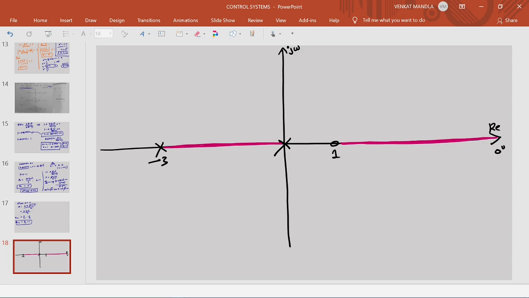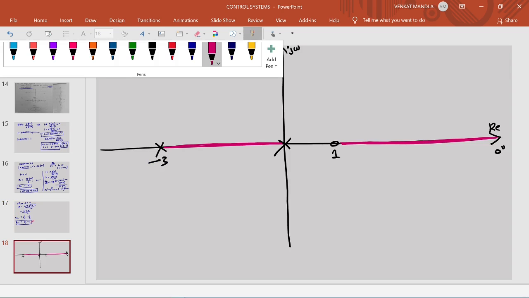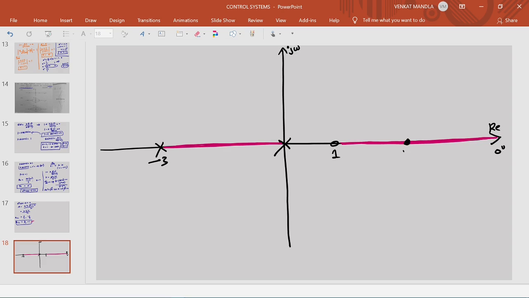Right? Now I will represent the breakaway points. I got 3 and minus 1. Somewhere here is the breakaway point at 3, and minus 1 is also here. These two are valid breakaway points.